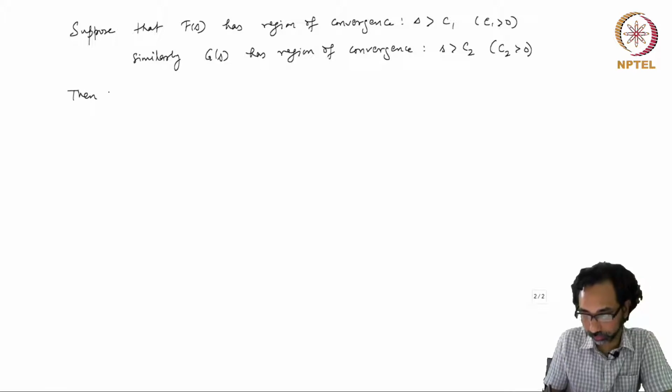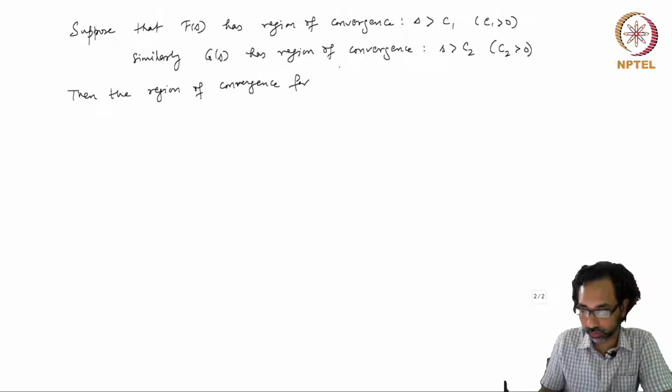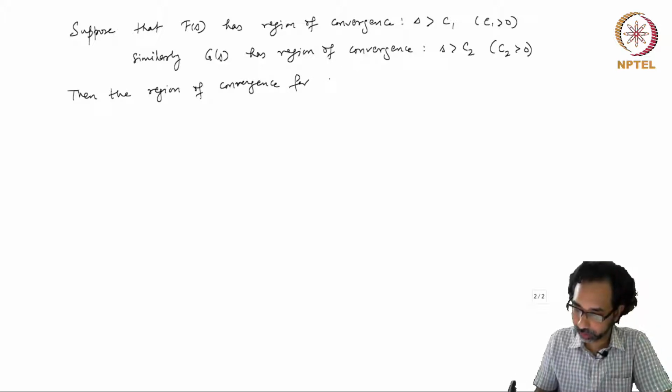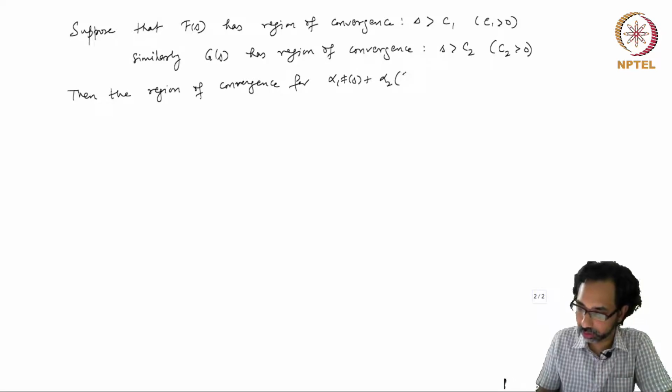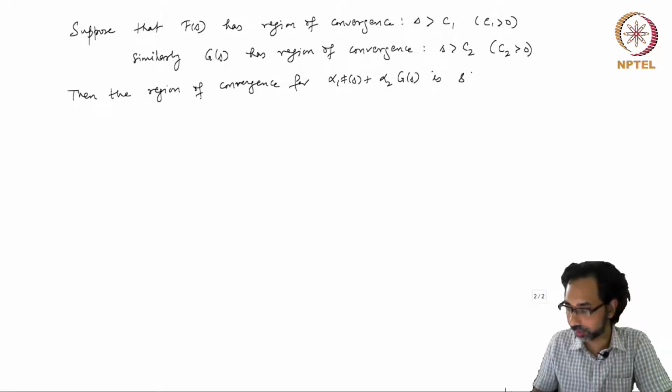Then the region of convergence for alpha 1 F(s) plus alpha 2 G(s) is given by the region s greater than the maximum of c1 and c2.